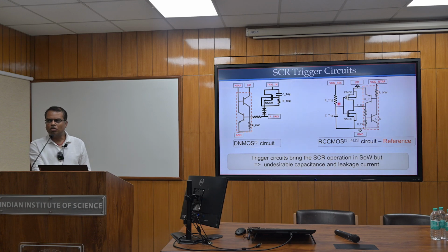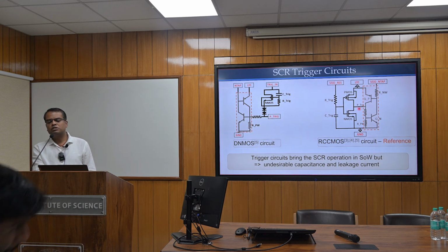In the normal functional mode, when the chip is operating in the normal region, we charge this capacitor, turn on this NMOS, and connect this P-trig to the ground, which just acts like another ground terminal.